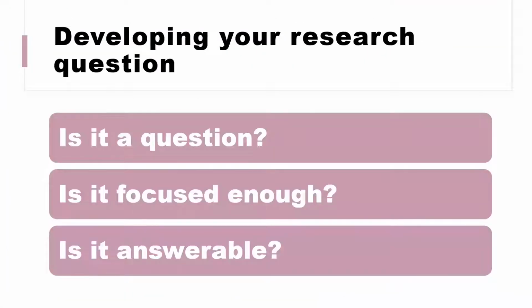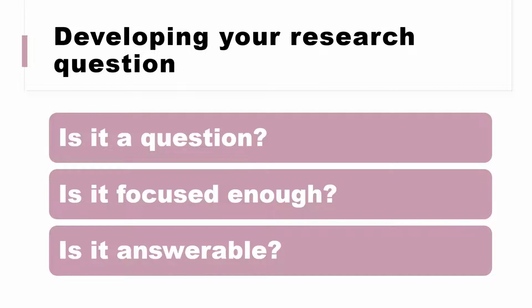So the first thing you need to do is actually develop your research question. One of the features of a systematic review is that it addresses a clear research question. And the type of question that you need will depend on what sort of review you're doing, and also the type of question you have will actually impact on what type of review you should be doing.